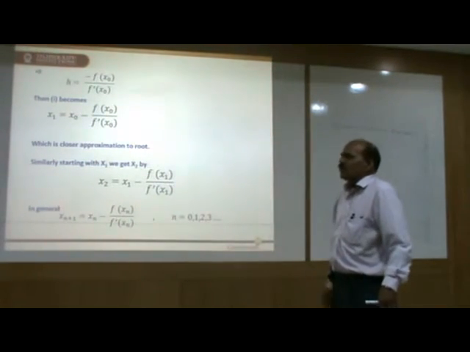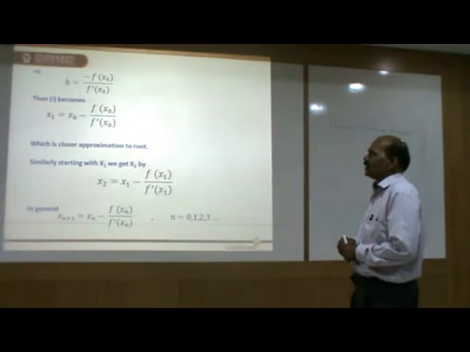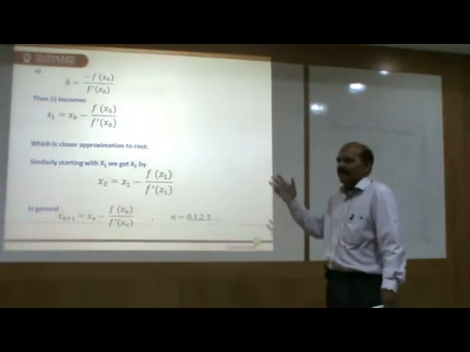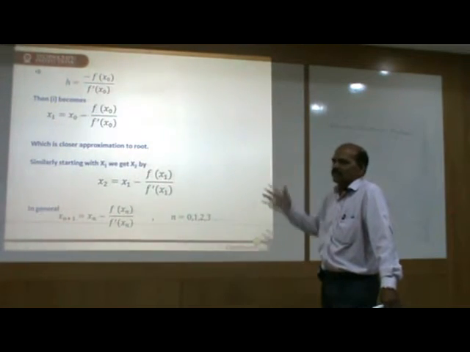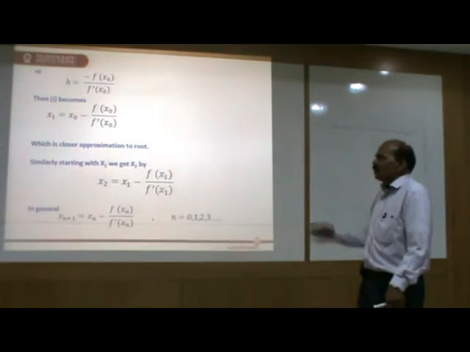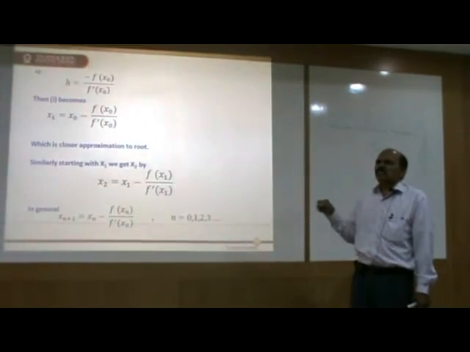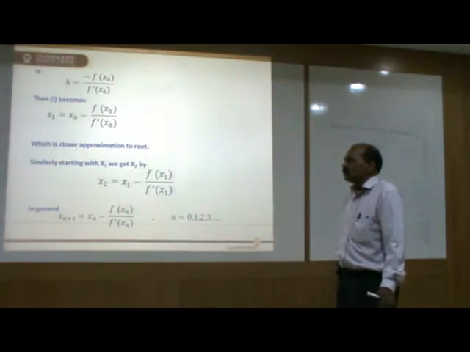From this we can calculate the value of h, and h is nothing but minus f of x0 upon f dash x0, as given in the PowerPoint presentation. Then our equation 1 becomes x0 minus f of x0 upon f dash x0. Now this approximation is much closer than our initial approximation x0.